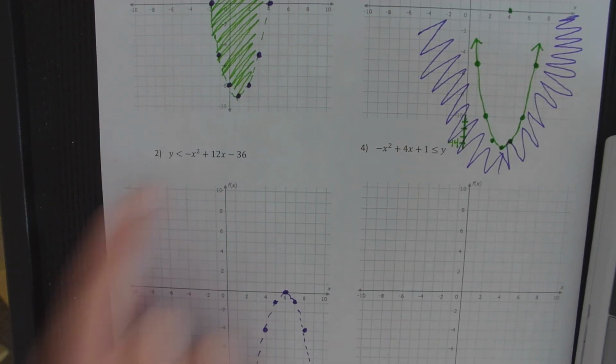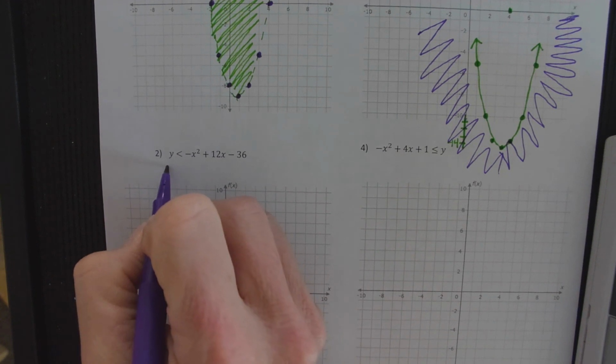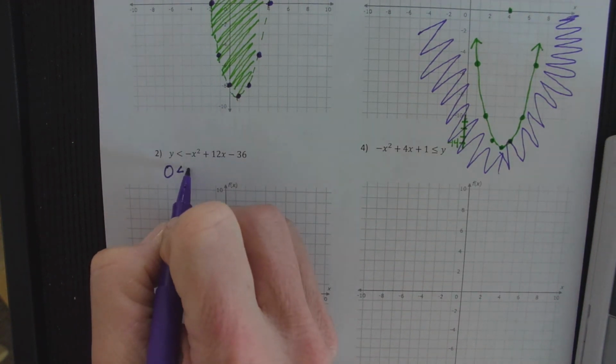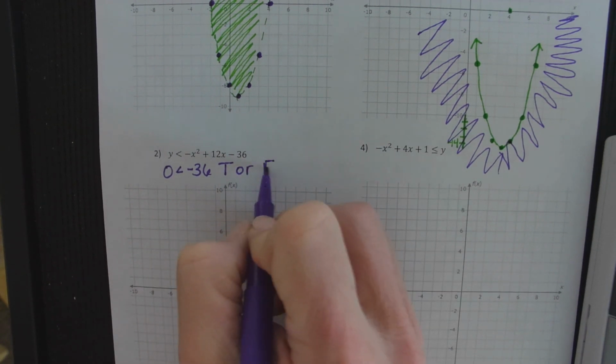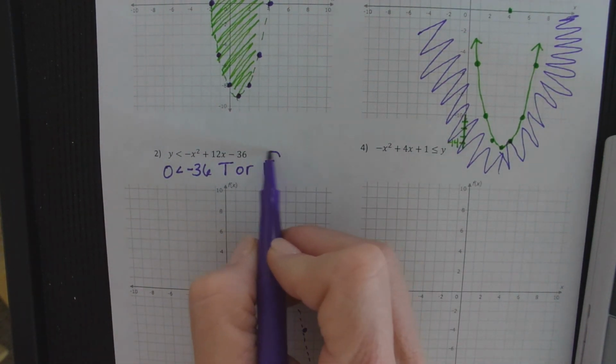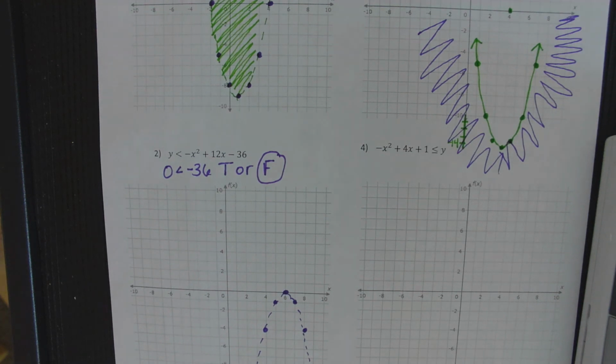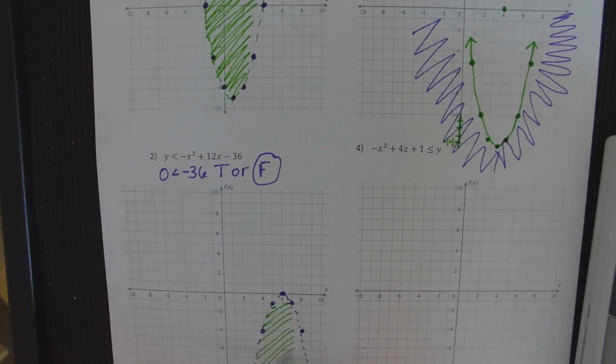Now, true or false? 0 less than 36. I'm even going to write true or false. False. It is false. So, guys, think through this. Common sense. 0, 0 is false. So I cannot shade where 0, 0 is. Therefore, where am I shading? Inside. Does that make sense? Yes.